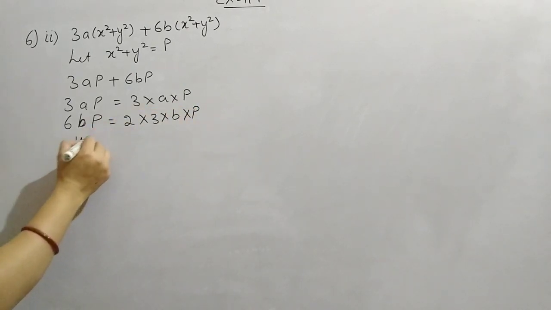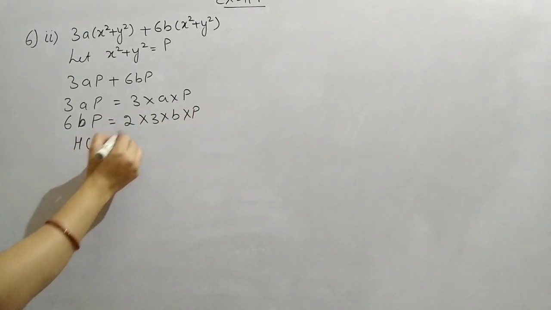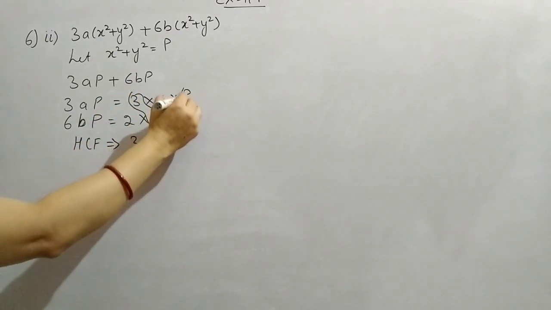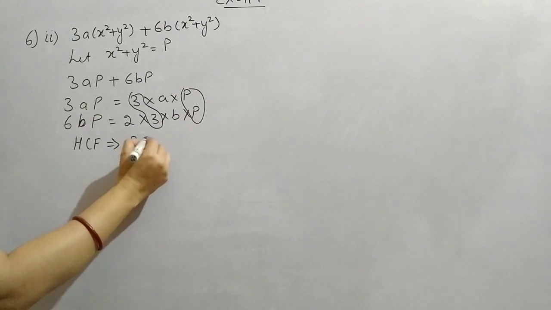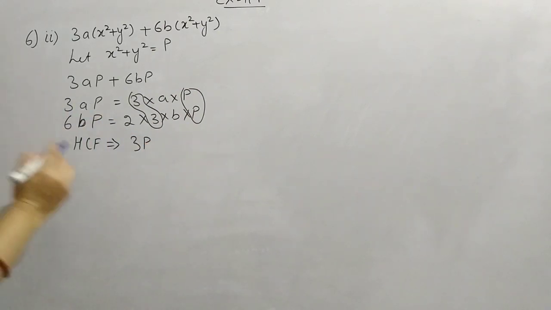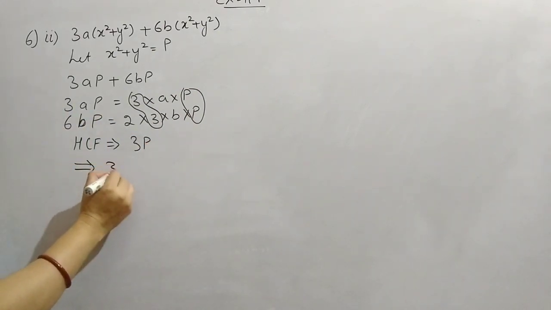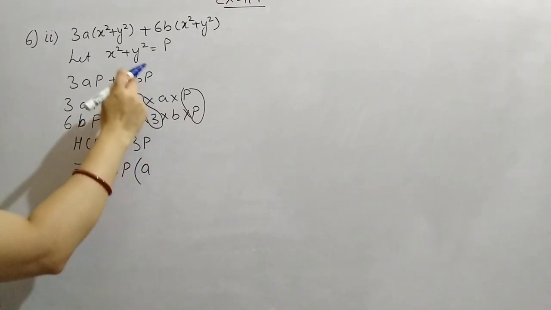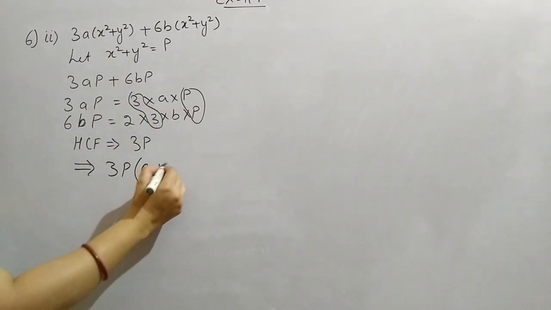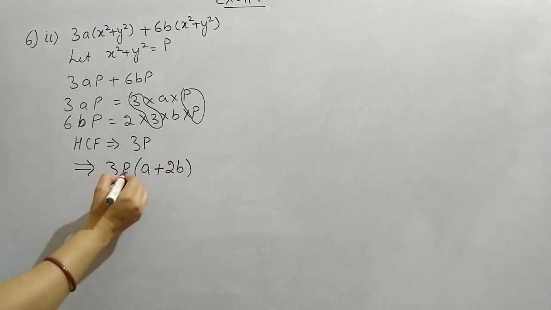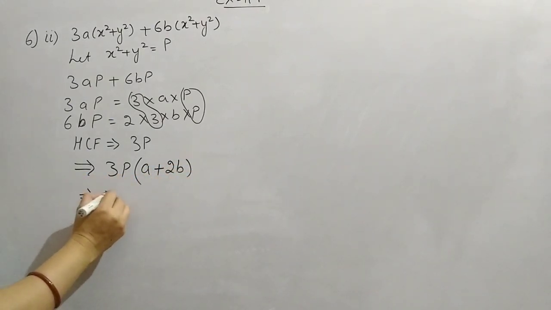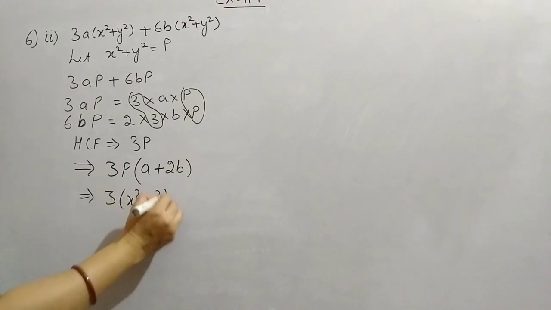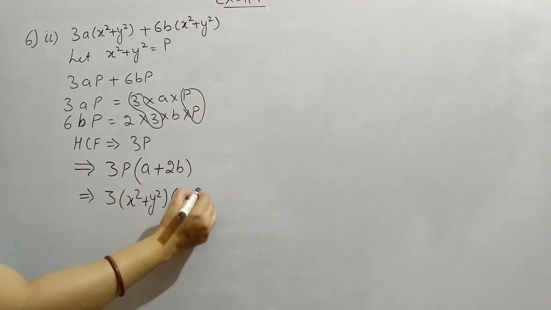Here the HCF will be 3p, as 3 is common in both terms, and p is common. The factors will be 3p, in the bracket a plus 2b, and at last this p value you can replace. P is x square plus y square, so (x square plus y square)(a plus 2b).